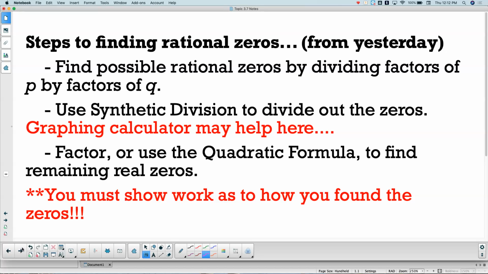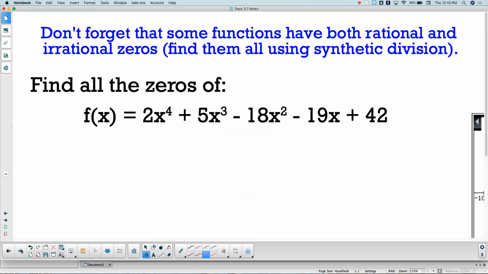Okay? Factor, use the quadratic formula, find the remaining ones, and then we also always, because your math teacher is a show work kind of person, we're going to have to show work to see how we found all those zeros, because that's just what we do. So, if you want to take a moment here to either get out your Chromebook, if you wanted to do Desmos, or use the graphing calculators, you can do that.